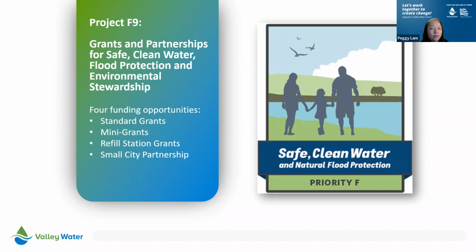Within this, we have 4 funding opportunities: standard grants, which are the larger grants that we're covering today, the mini grants, and the refill station grants, which are $5,000 grant opportunities. We'll be going over that briefly at the end of the presentation, as well as small city partnerships. You can contact us directly if you want to learn more about the partnership opportunity.